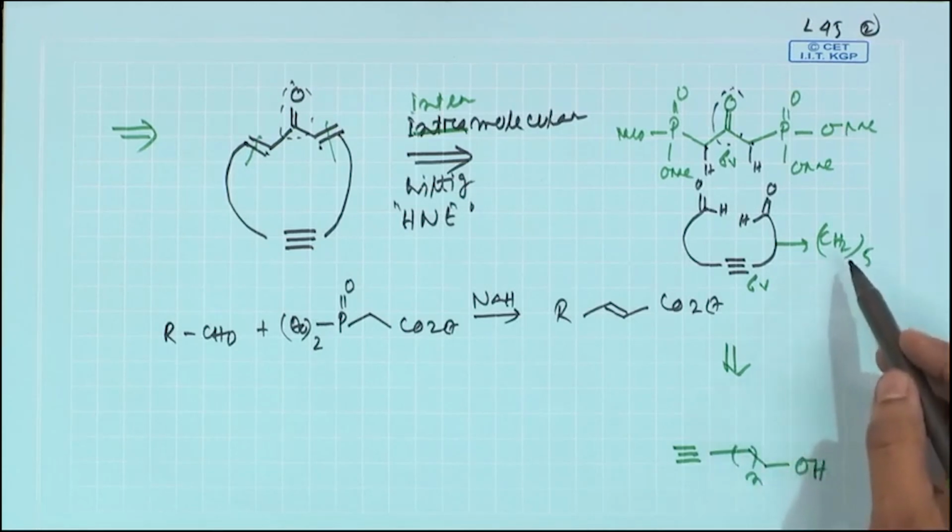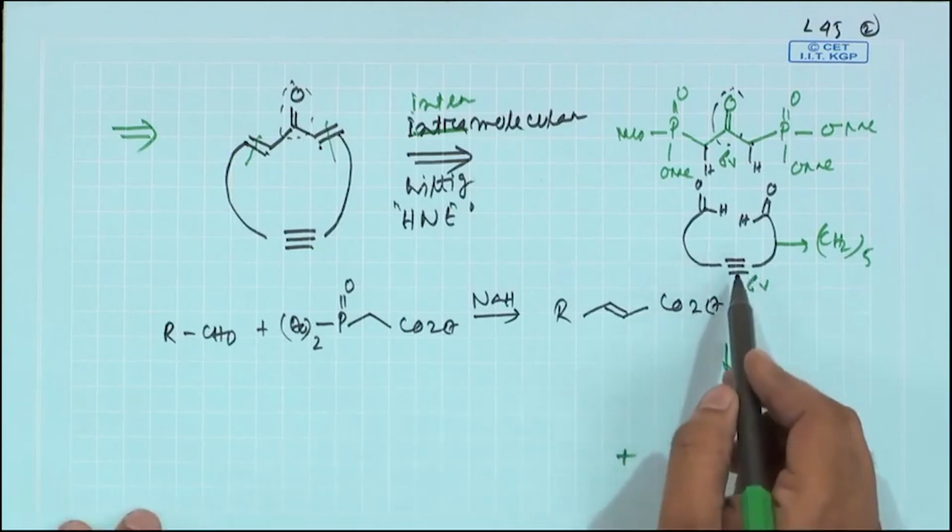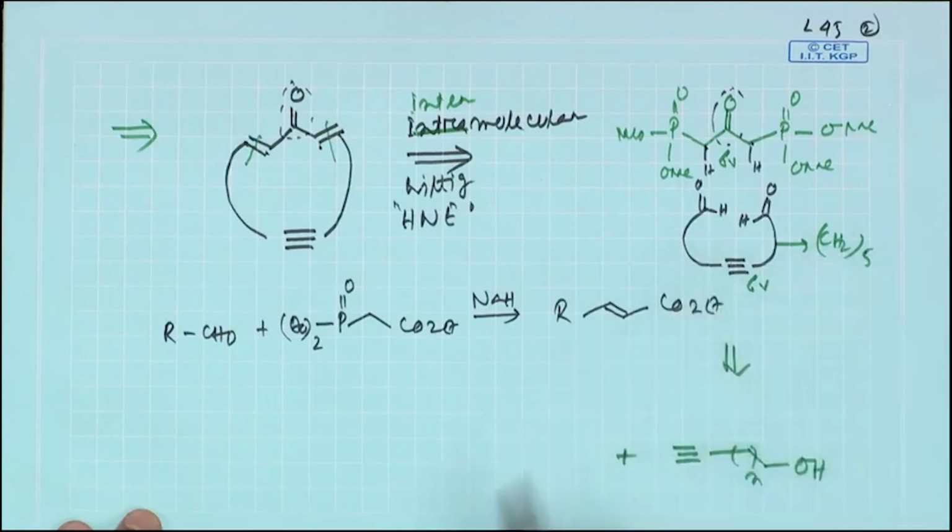Depending on the number of carbons, you can figure out how it can be easily constructed, and for the left hand side this is also a similar kind.